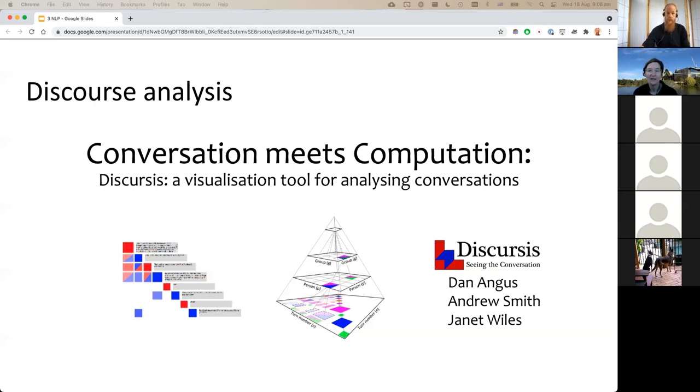Okay, so in this section, we're going to look at a particular tool called Discursus, which looks at how we use language in conversation. So Ben's examples of something like "fully sick", if you try to construct that from the individual meanings, clearly it's not going to work. But in a community where people use those phrases, they will understand together.